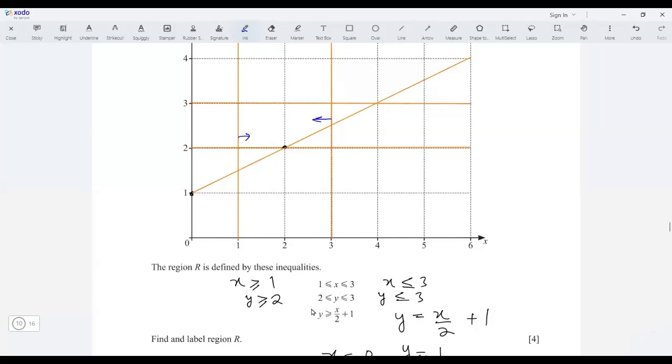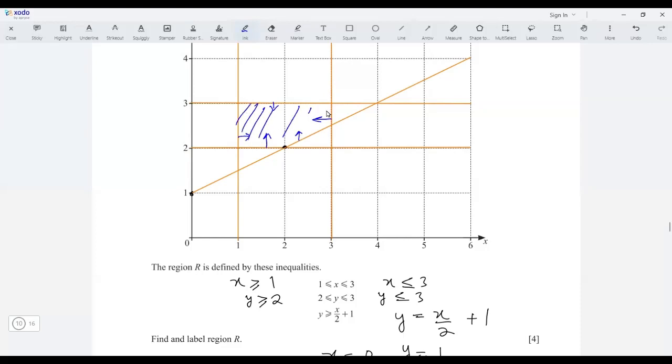Similarly, if y is greater than or equal to 2, it must be lying upwards, and if it is smaller than 3, it will be below it. Similarly, for the straight line, you have to look at the y-axis as well. So it is greater than these. All of these have the common region as this one.